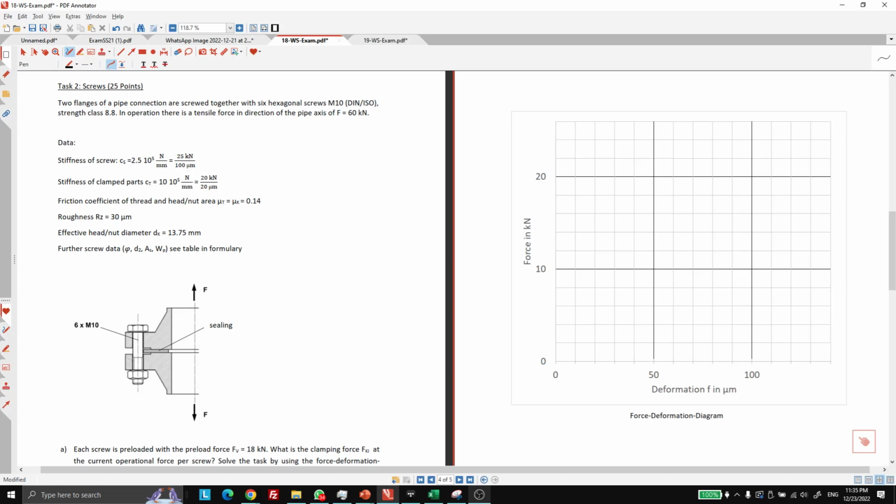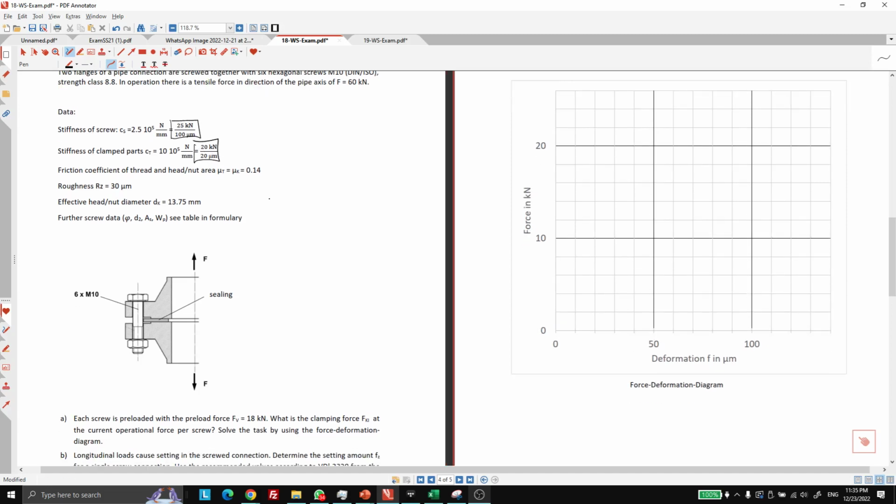deformation diagram. The first thing you need is this one over here, CS, CT, and we either need the FV or the FVM, depending on the question, or the FB and the FKL. I will be showing two examples later on.